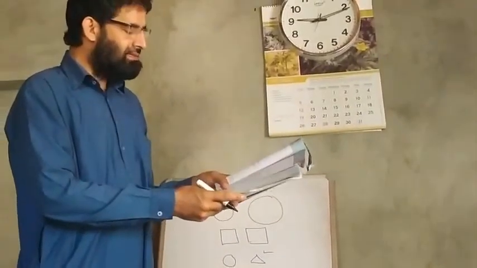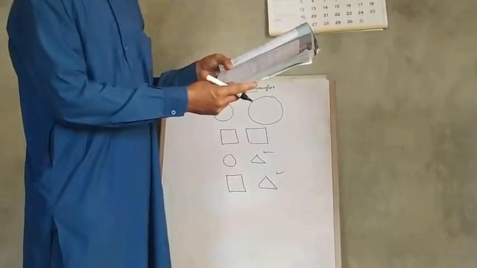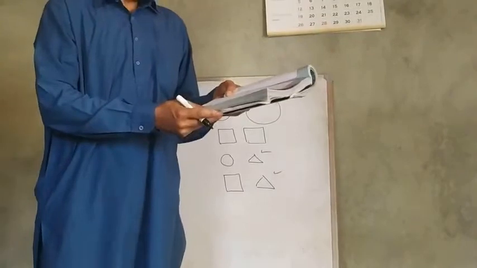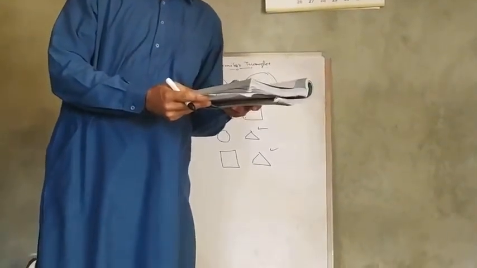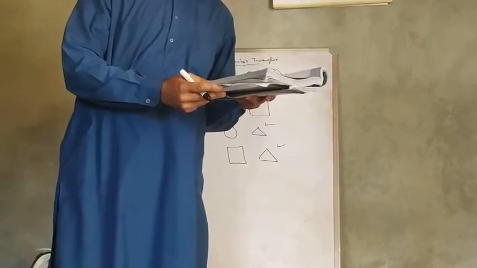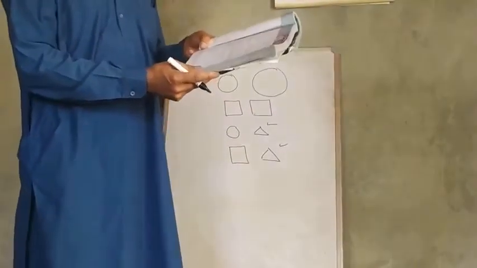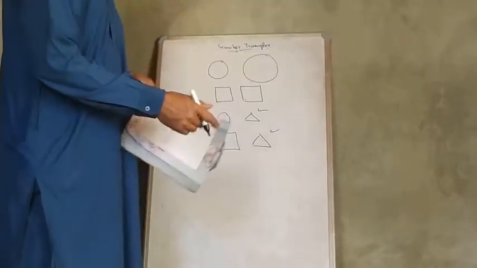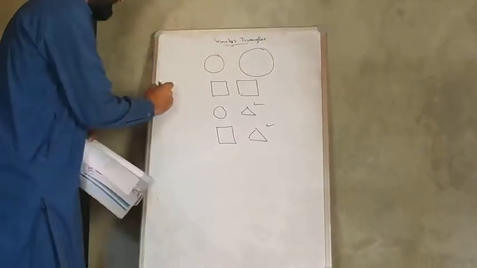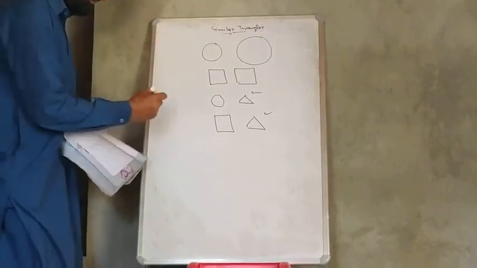Question number 3 is state whether the following quadrilaterals are similar or not. PQRS is a quadrilateral, and ABCD is a quadrilateral again. Now you see PS divided by AD, this is 1.5. The ratio of their sides is equal.